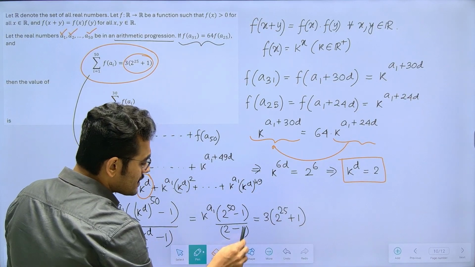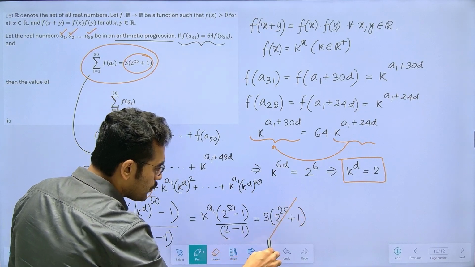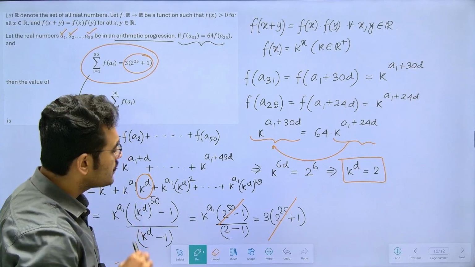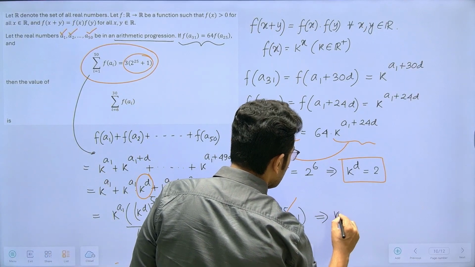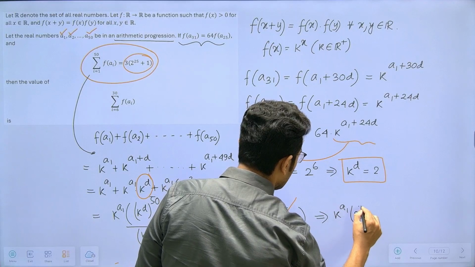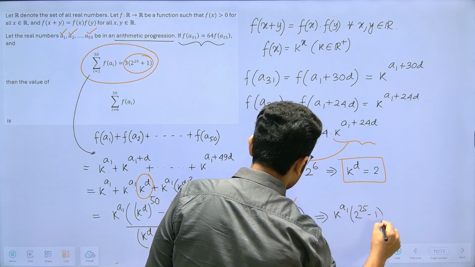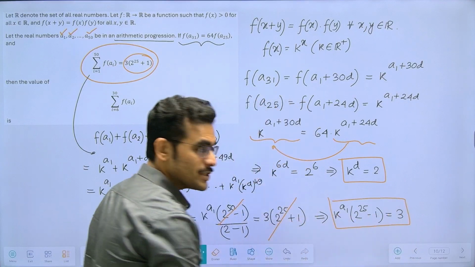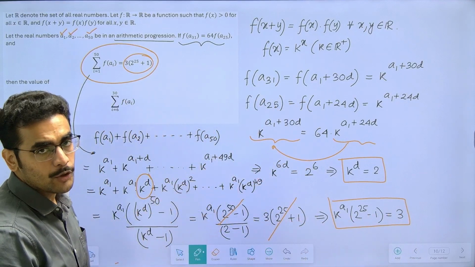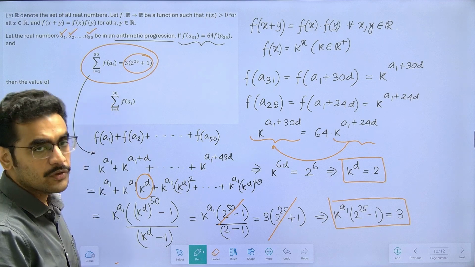So you can see that the denominator is 1, and 2 to the power 25 plus 1 will be cancelling, dividing 2 to the power 50 minus 1. So that will give you k to the power a1 into 2 to the power 25 minus 1 is equal to 3. We will get another relation: k to the power a1 into 2 to the power 25 minus 1 equal to 3.